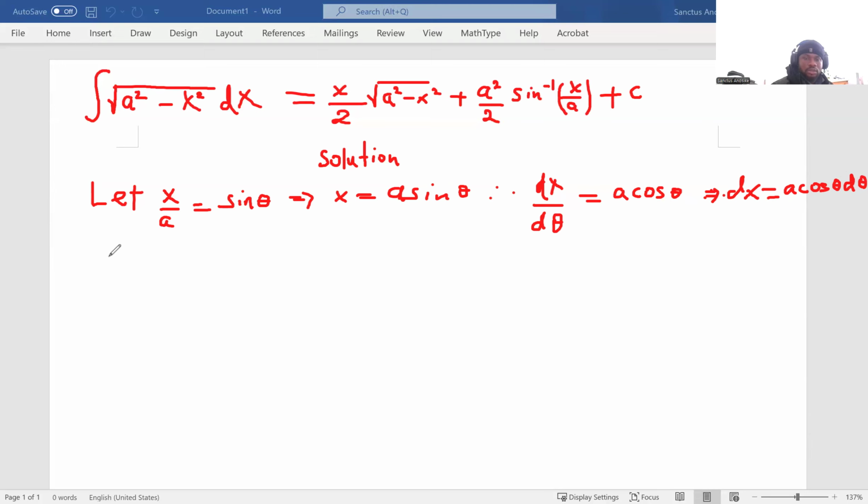So with that, we can substitute this in the integral.